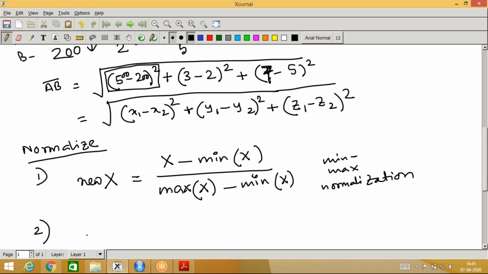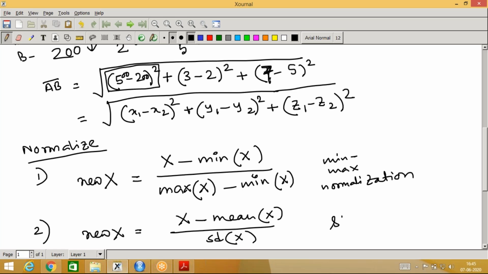And another is the new x, which is nothing but x minus mean of x divided by the standard deviation of x. This is called standardization. Any one of them you can try to do.